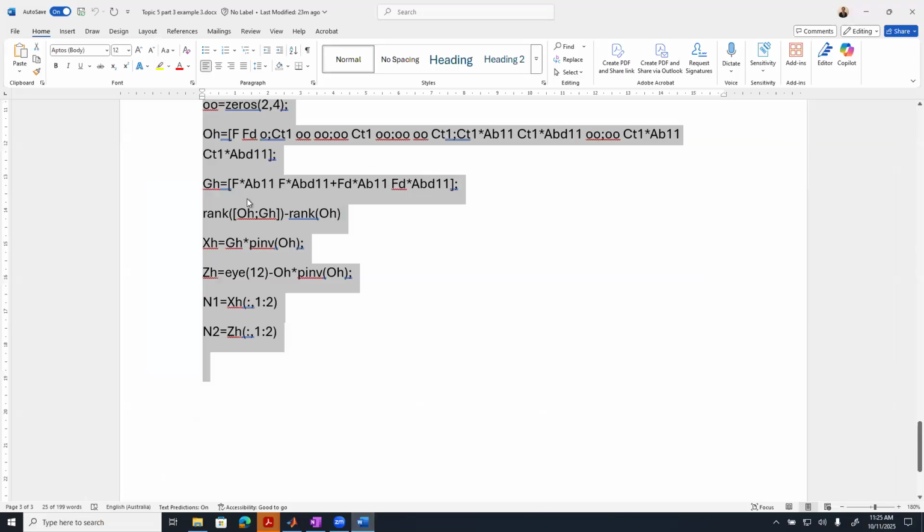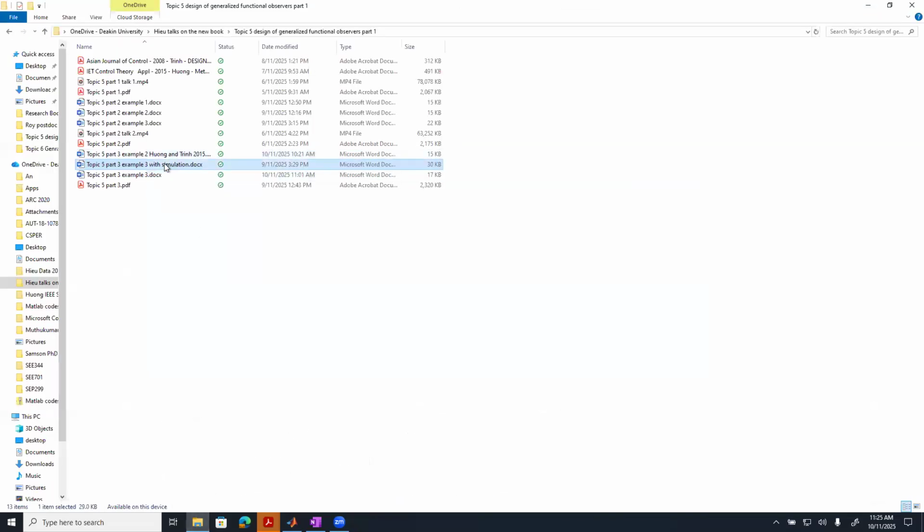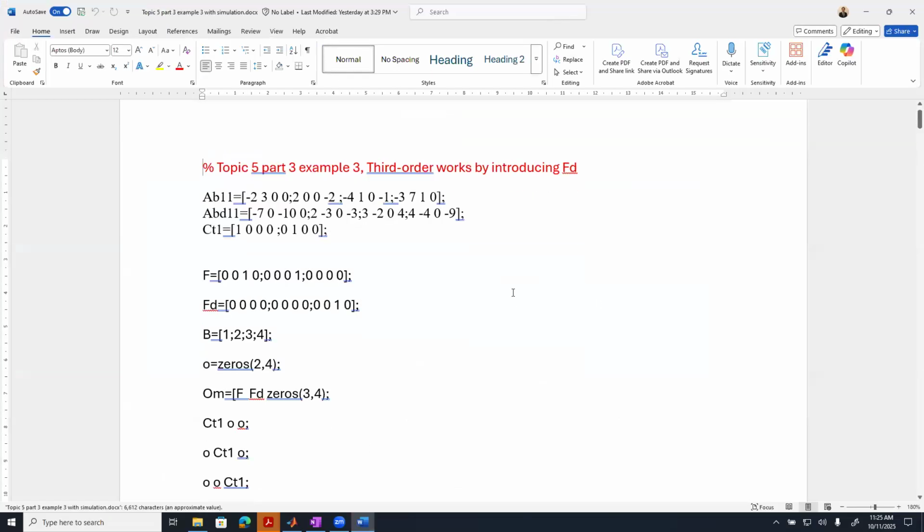Okay, so now we're going to open another MATLAB code, and this is the complete one with simulation as well. The coding here uses our generalized functional. We design a generalized functional observer with internal delay. We're going to do it with a third order observer. And to achieve that, we introduce this extra FD, that's the extra row that we discussed earlier.